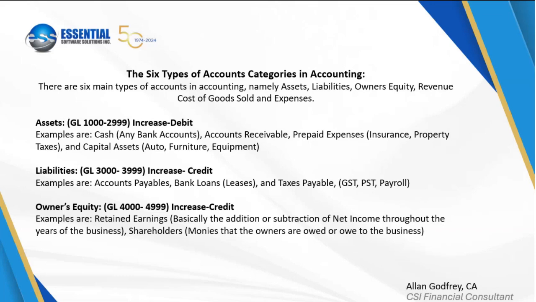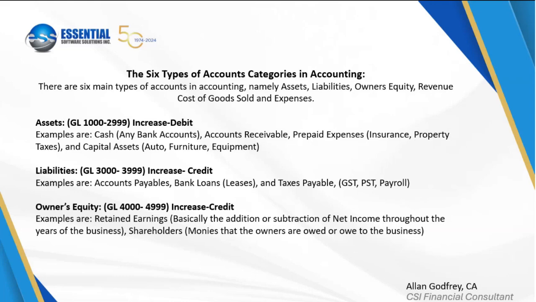It may be different in your organization, but that's the general rule. An increase of an asset is always a debit. Examples of assets are cash, accounts receivable, and prepaid expenses.